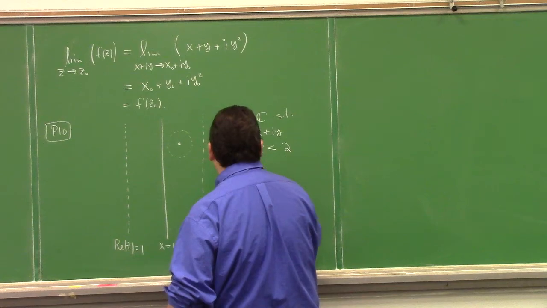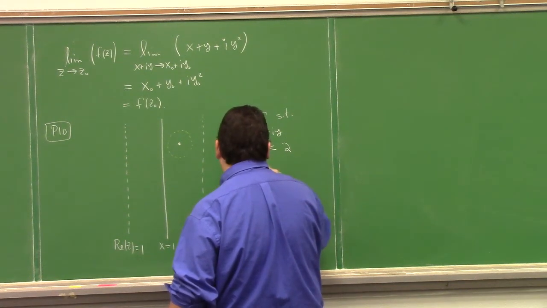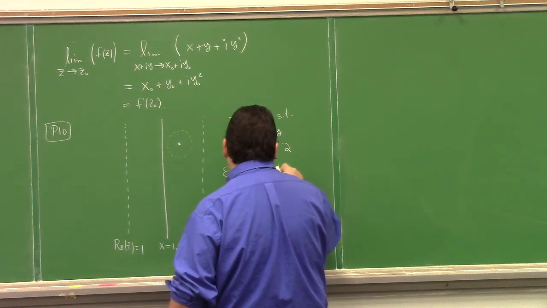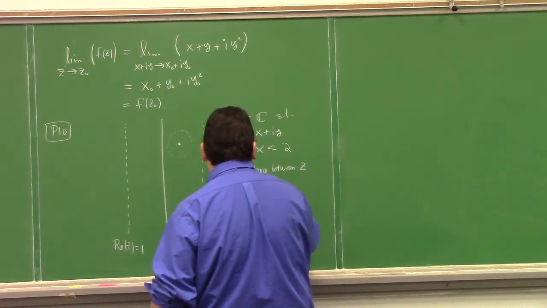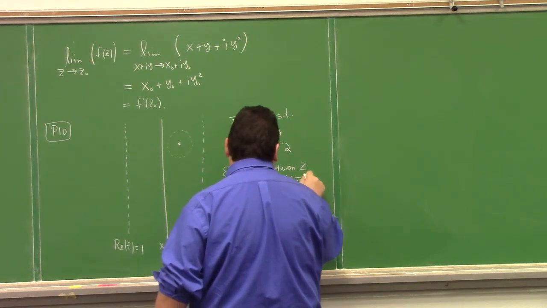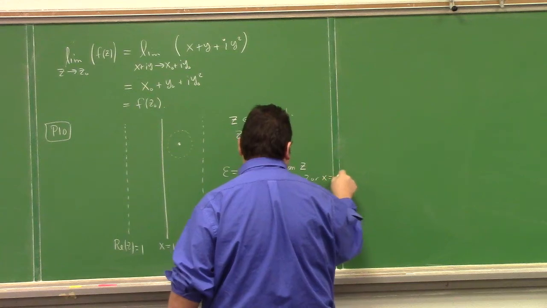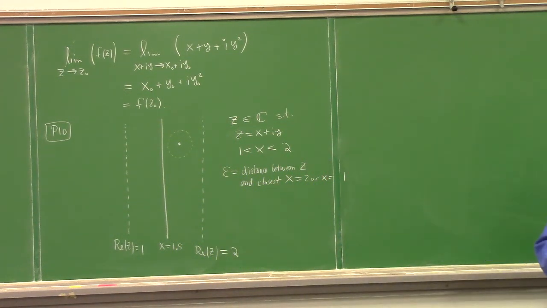Let epsilon equal the distance between z and the closest of x equals 2 or x equals 1. That's good. What does that mean? Can you give me a formula for that? Minimum of what?